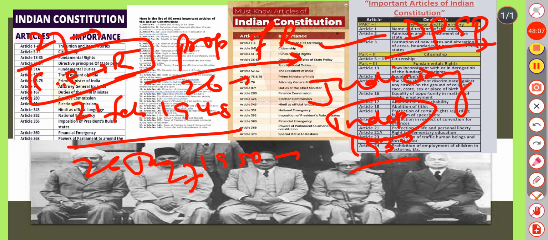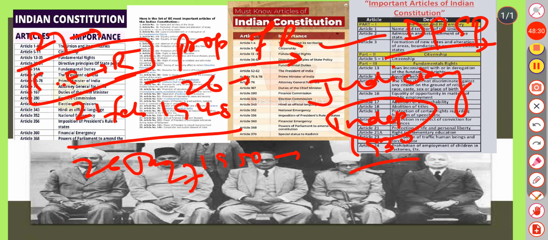Article 39, certain principles of policy to be followed by the state. Article 39A, equal justice and free legal aid. Article 40, organization of village panchayats. And Article 41, right to work, education and public assistance in certain cases.